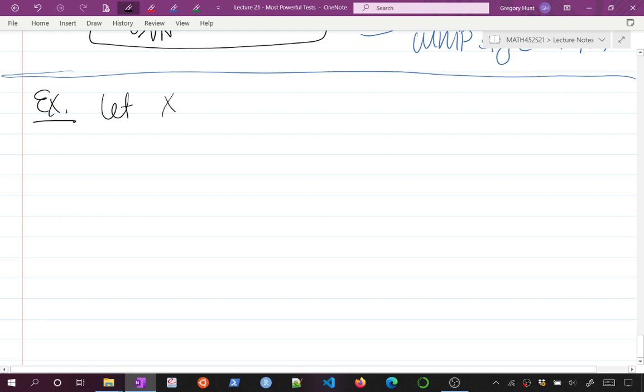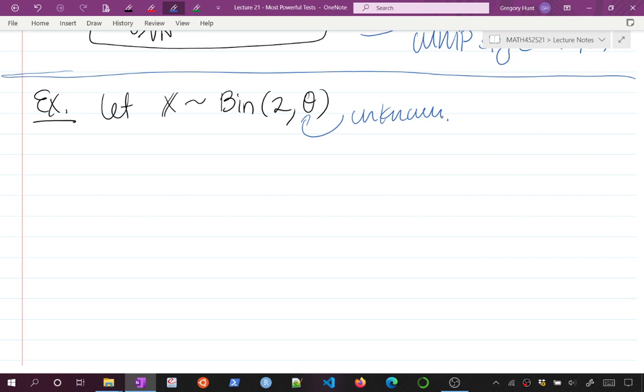Let's assume we just have one data point, x, and it has some binomial distribution. It's binomial 2, theta, and we don't know theta. So you could think of this as like flipping 2 coins with an unknown probability of heads, theta.